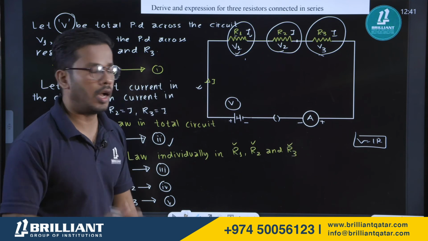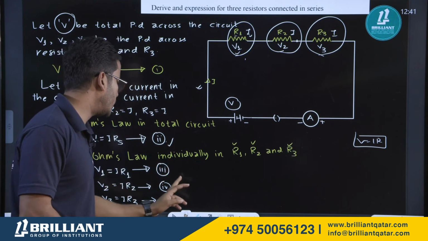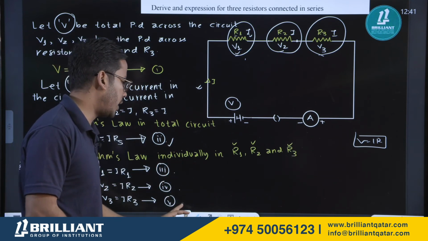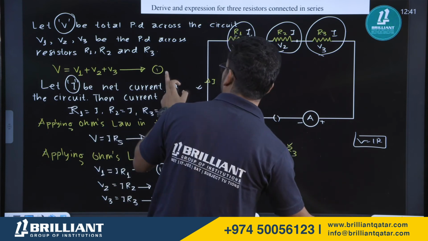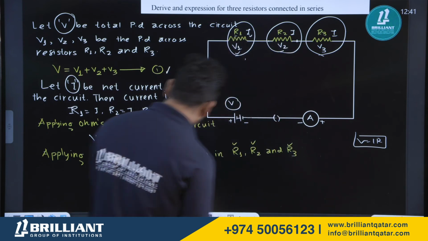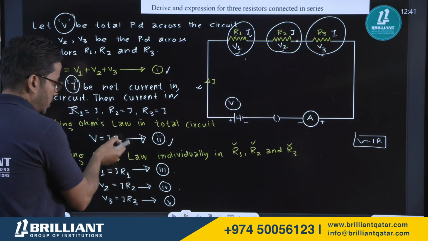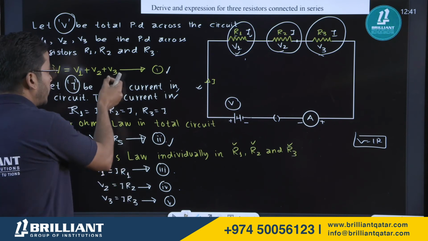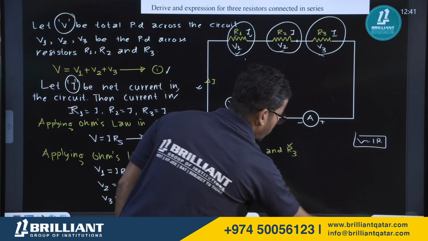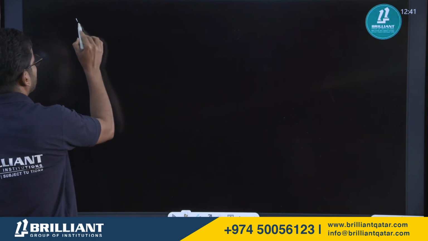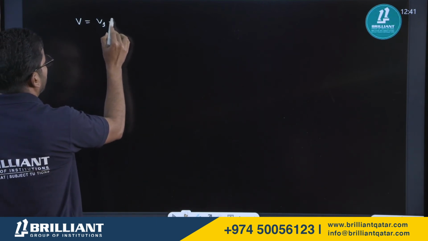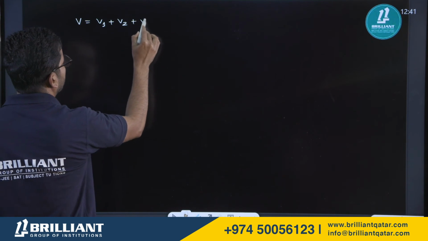Next, I will ask you to put equation 2, equation 3, equation 4 and equation 5 in equation 1. So have a look. What was equation number 1? Equation number 1 was V is equal to V1 plus V2 plus V3.